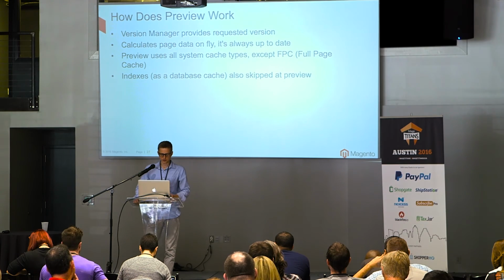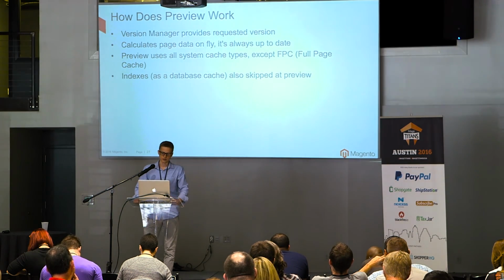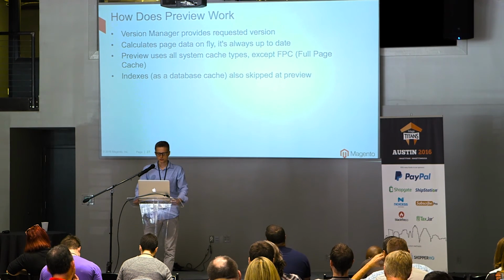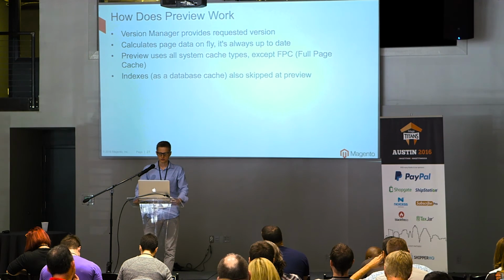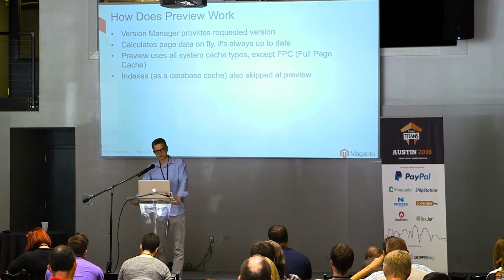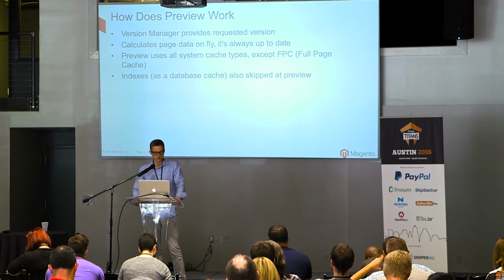It is interesting how the preview functionality works. When you open a preview page, the version manager supplies the requested version, and all of the data is calculated on the fly, so it's always up to date. Preview bypasses full page cache, but it uses all other cache types to provide optimal performance.